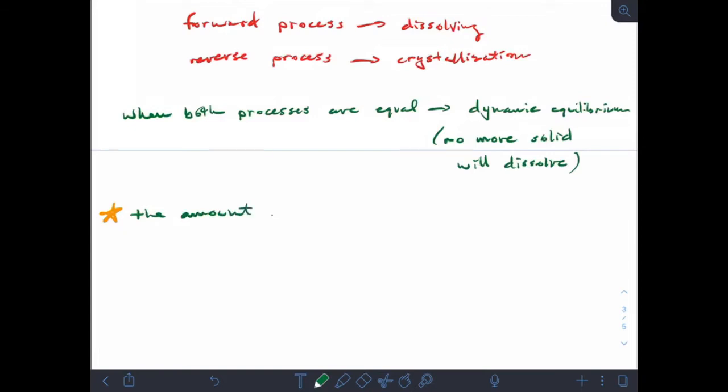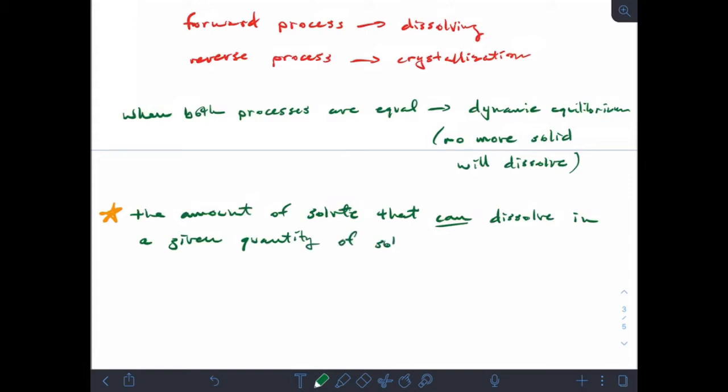The amount of solute that can dissolve in a given quantity of solvent.